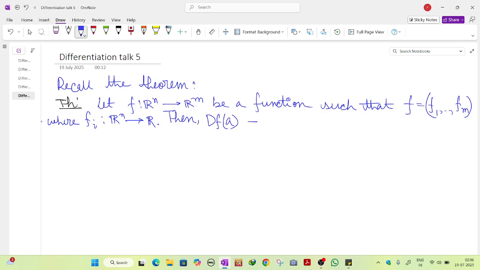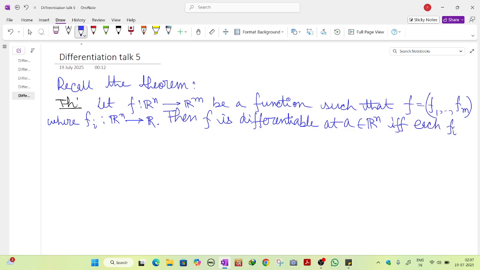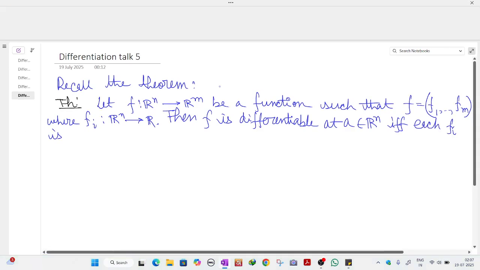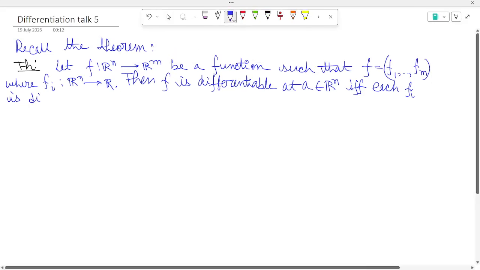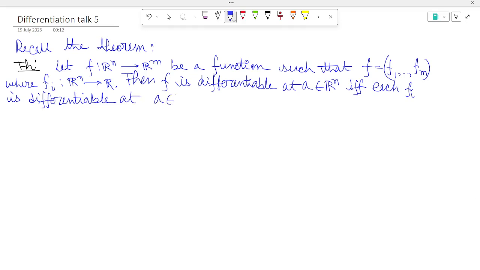First of all, f is differentiable at a belongs to Rn if each fi is differentiable at a belongs to Rn.